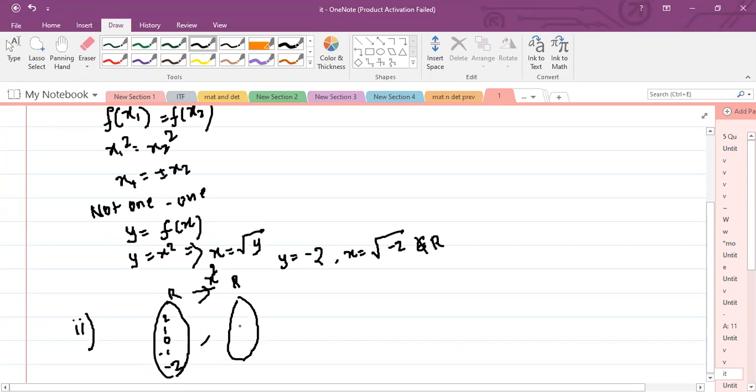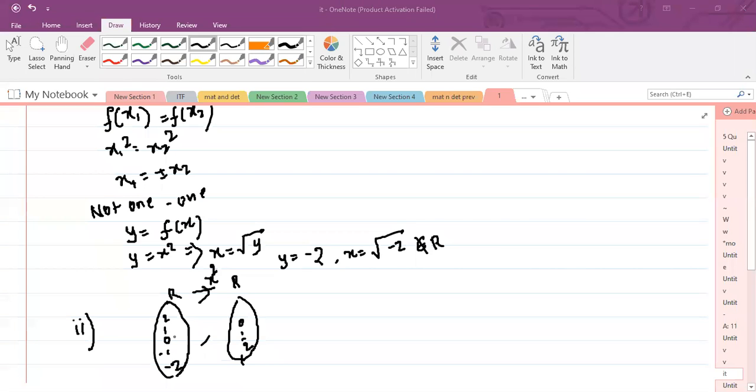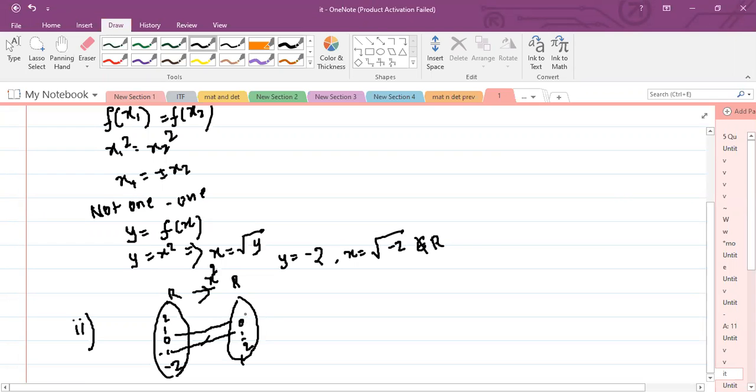Here also it is 0, 1 by 2, 1, anything. Now 0 connects to 0, and here it is 1. Minus 1 and plus 1 both connect to 1, therefore it is not one-one.